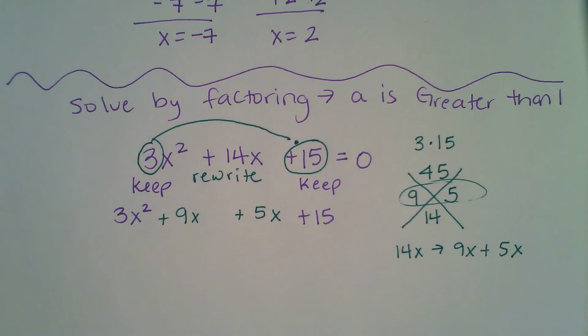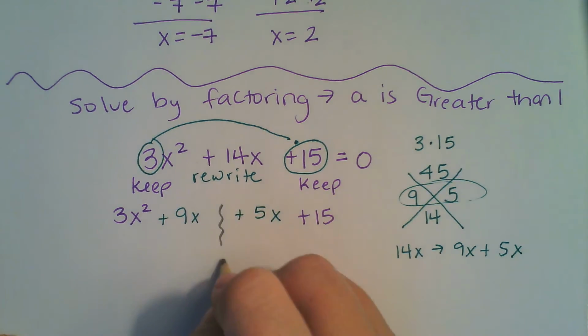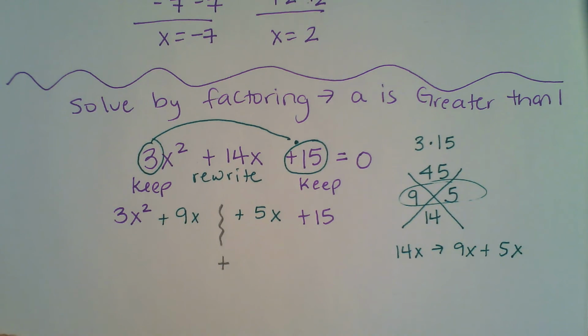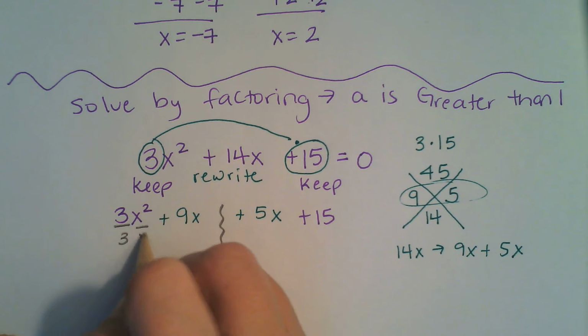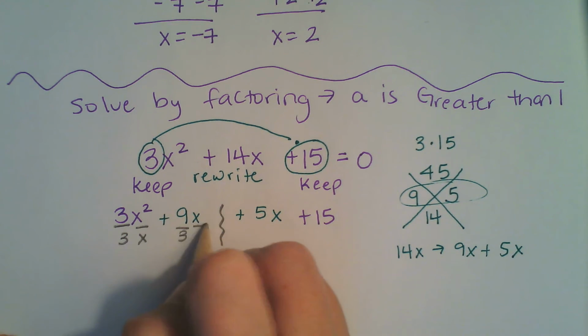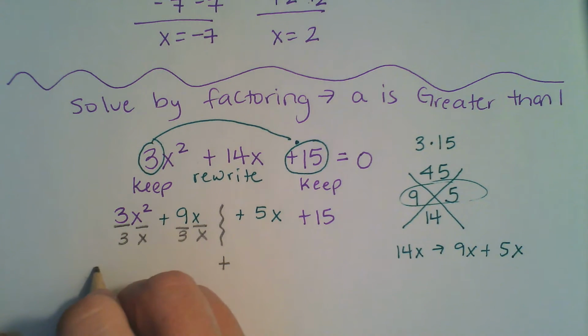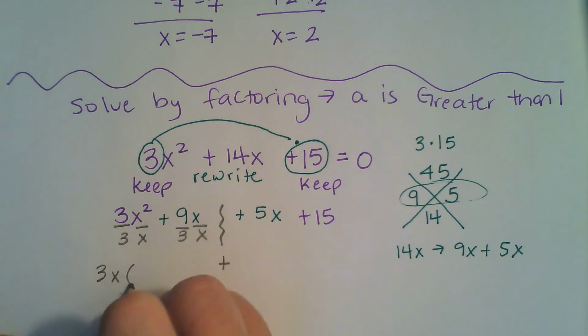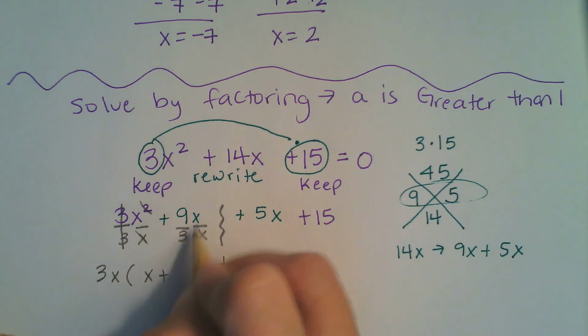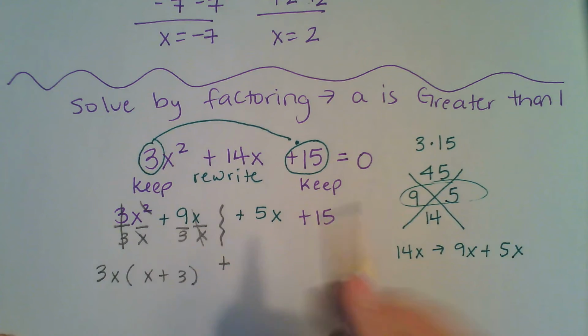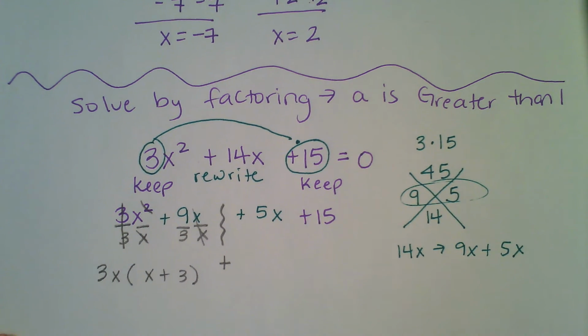Wait, so minus 9 from 3? Or, yeah. Right? Or divide. Divide it. So we split it down the middle, and we're going to divide out the common factor. Divided by 3. We'll also divide by an x on this first side. They'll always have an x in common. So 3x leaves me with 1x plus 3. And what can I divide out over here? 5.